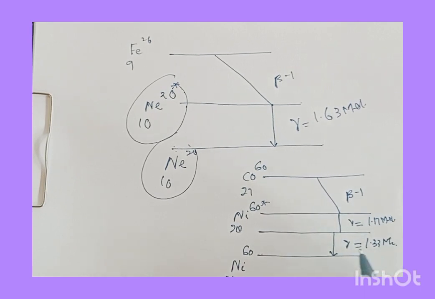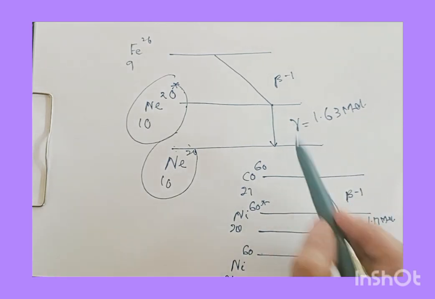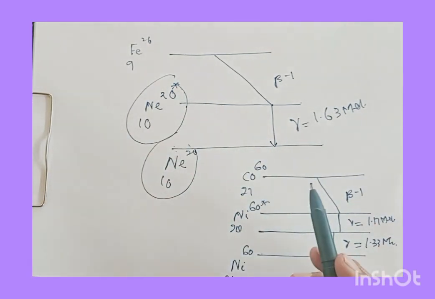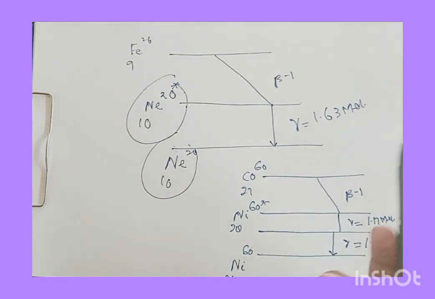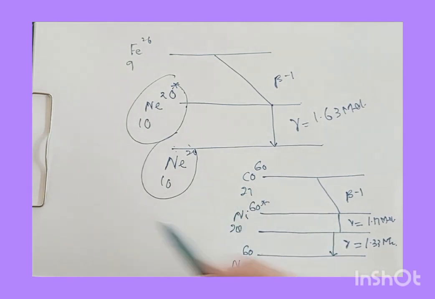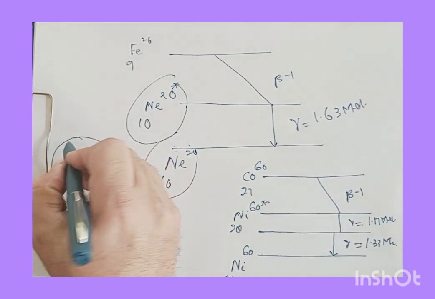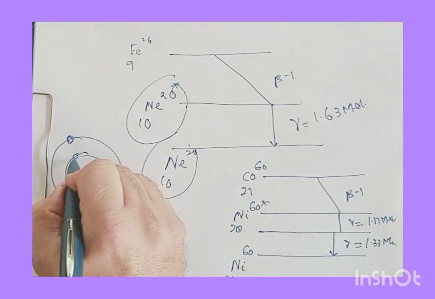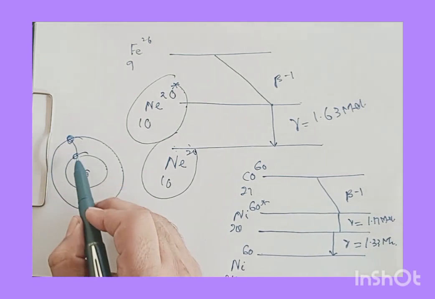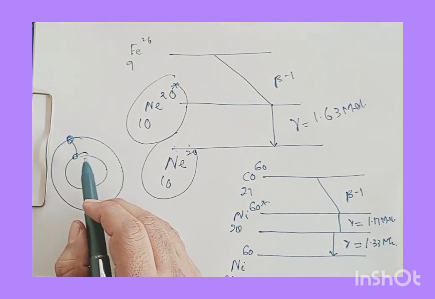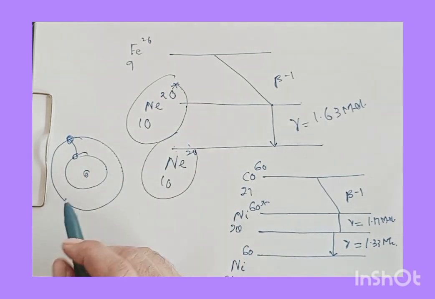Now, this gamma decay leads to nuclear de-excitation. You have an excited nucleus, it de-excites. This process of gamma decay is similar to the emission of radiation when an electron in an atom makes a transition from a higher energy level to a lower energy level, emitting energy in the form of photons.